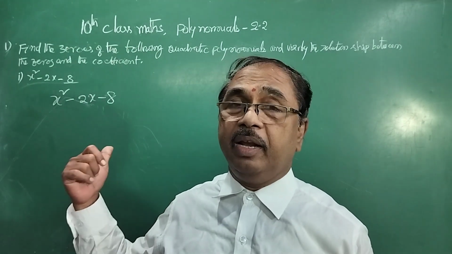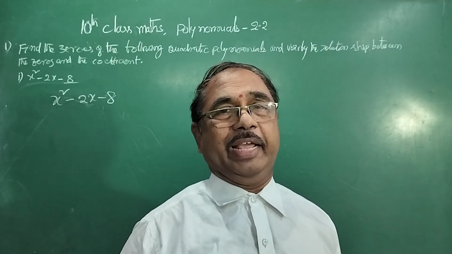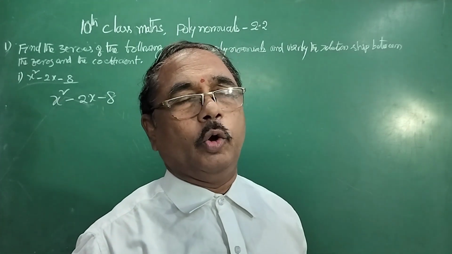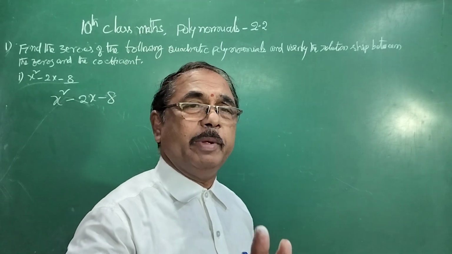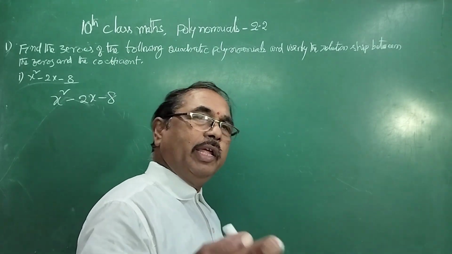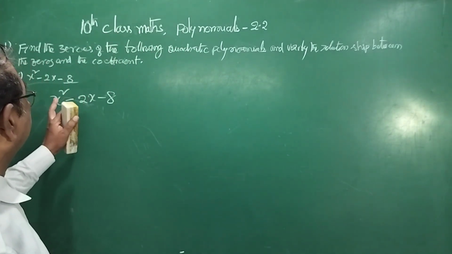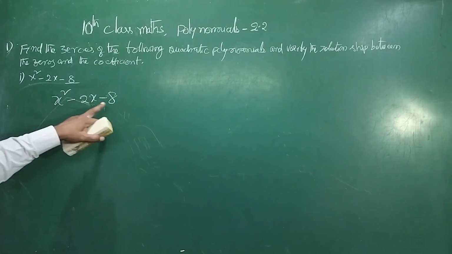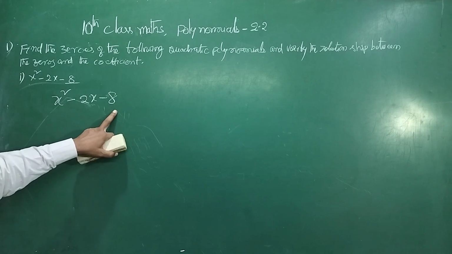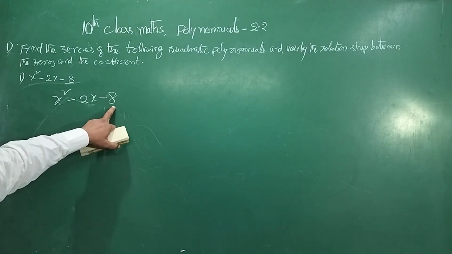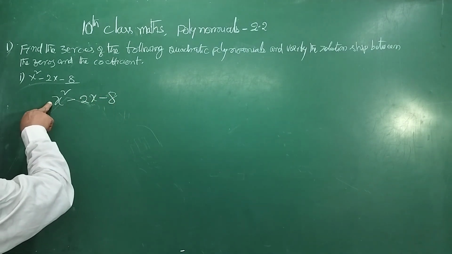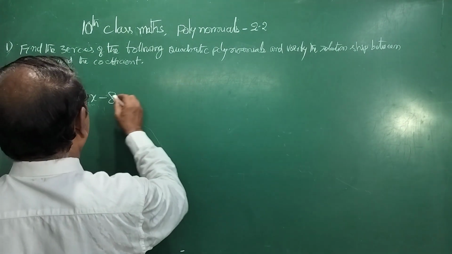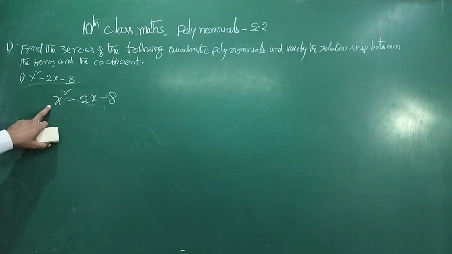You might have already learned in the 9th class how to find the zeros of a quadratic polynomial. How many zeros will there be? 2 zeros. For that, a pattern is there. What is that? We have to multiply the coefficient of the first term and the last term, the x square coefficient and the constant. The x square coefficient, what is it?